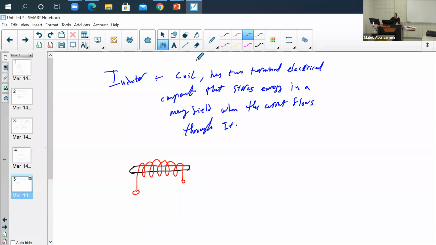Now, let me just go ahead and label some stuff over here. So let's say this goes in. This is a cross-sectional area A. Now, we get something called N, that's going to be your number of turns.